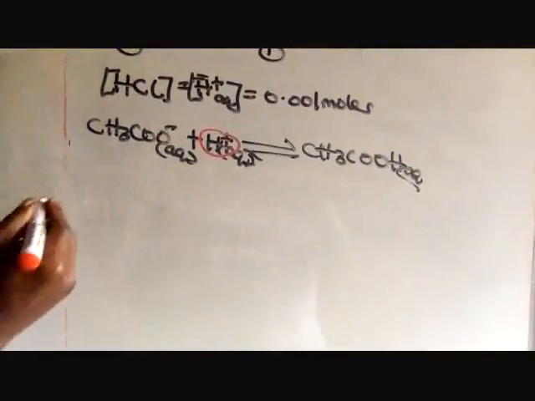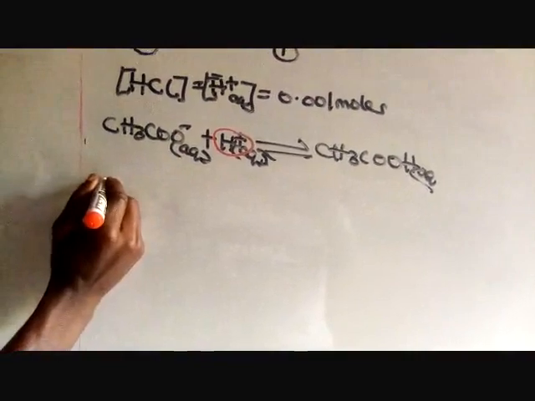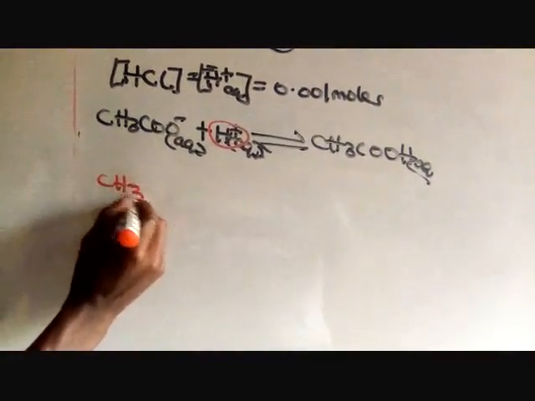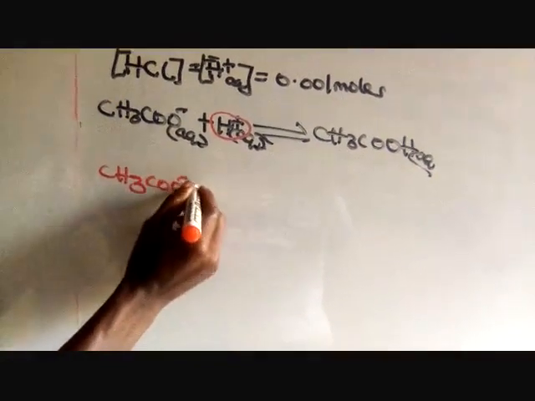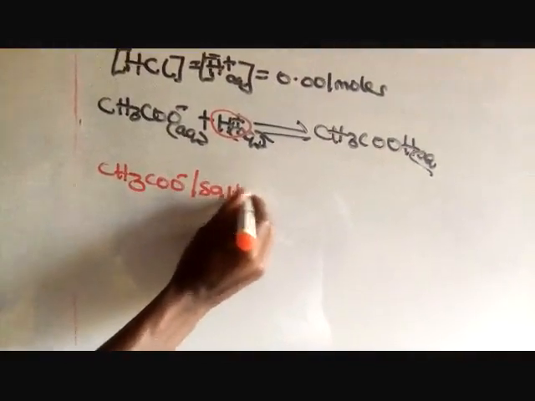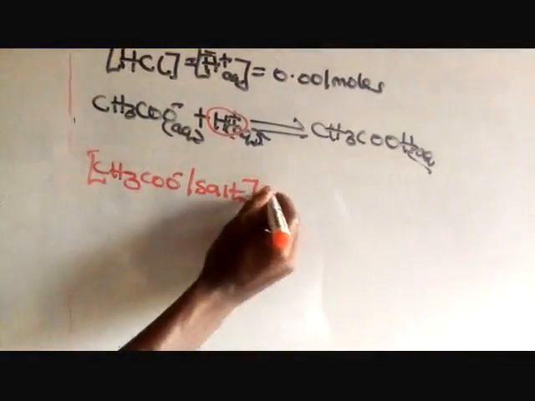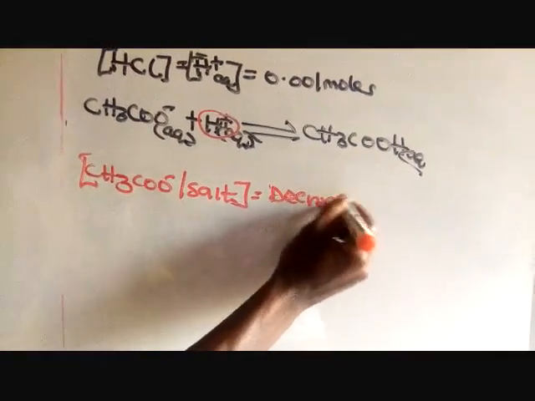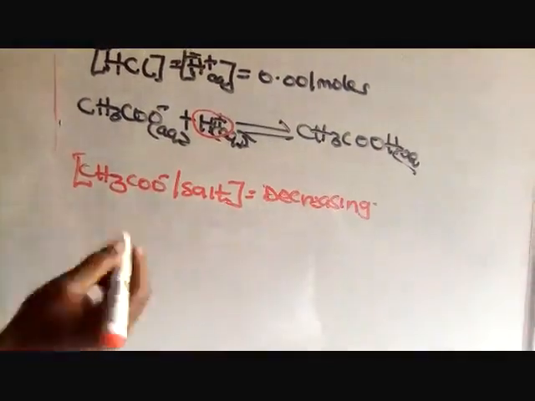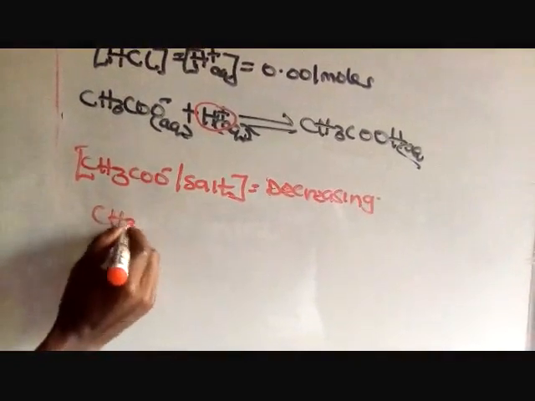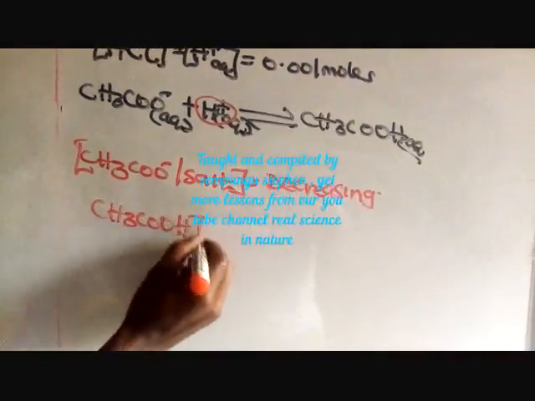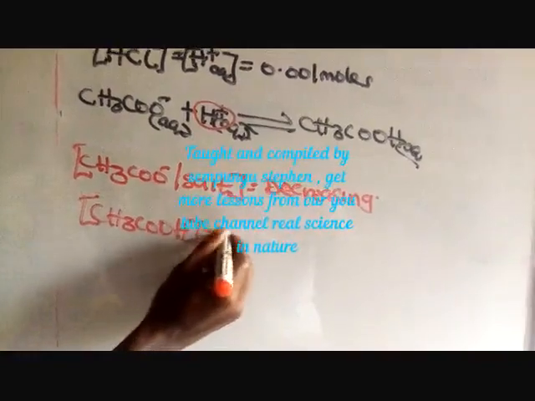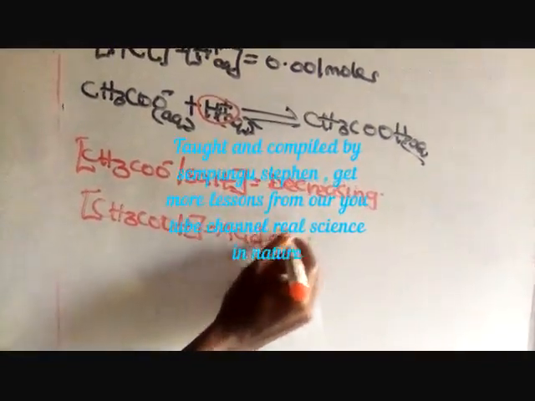Now the impact of this is going to be that the concentration of ethanoate ions, which we are calling the salt, decreases. So we see this one decreasing because of addition of hydrogen ions. But again, the concentration of the acid, that is ethanoic acid, this is our acid, increases.